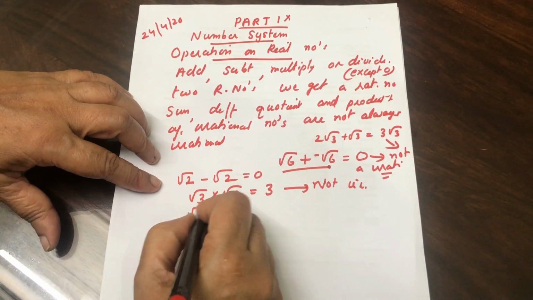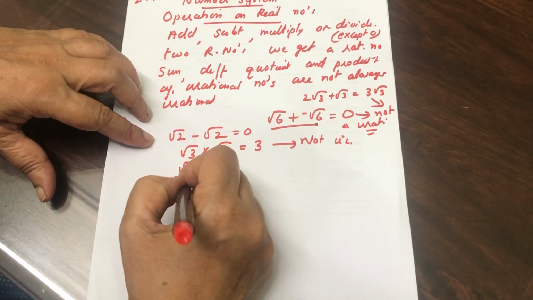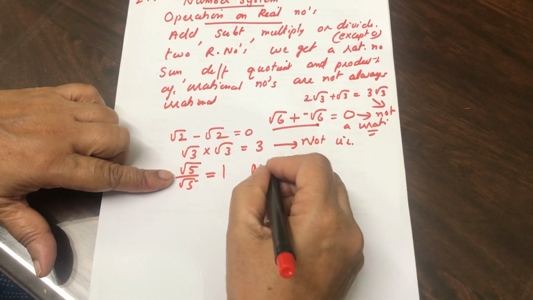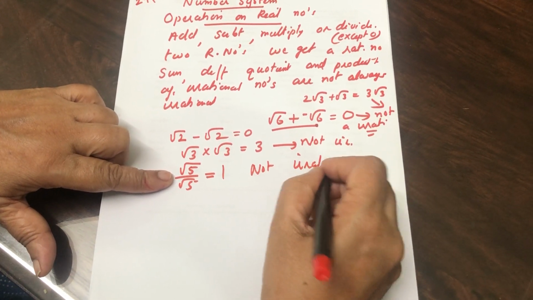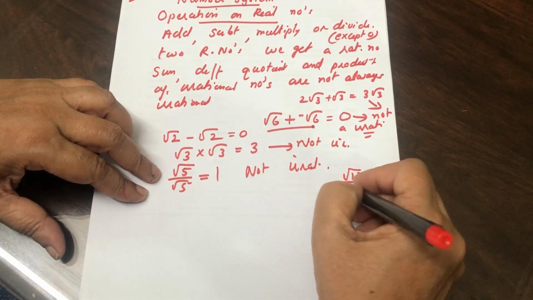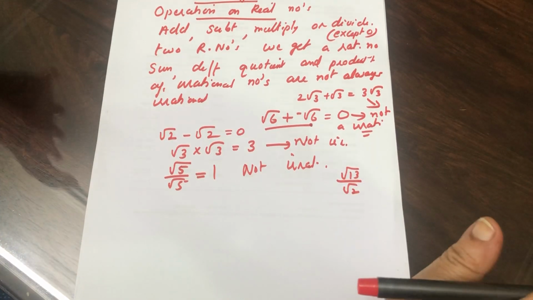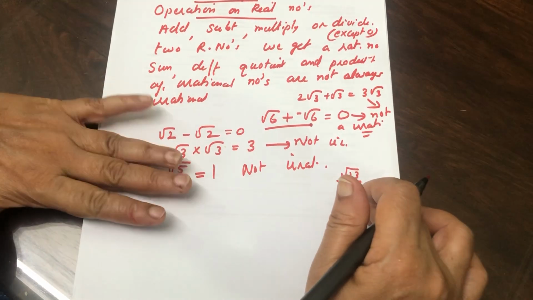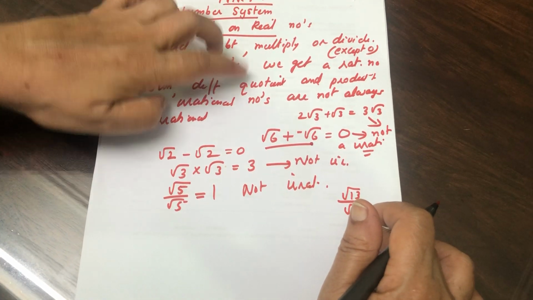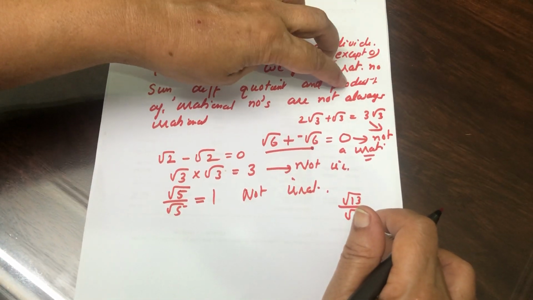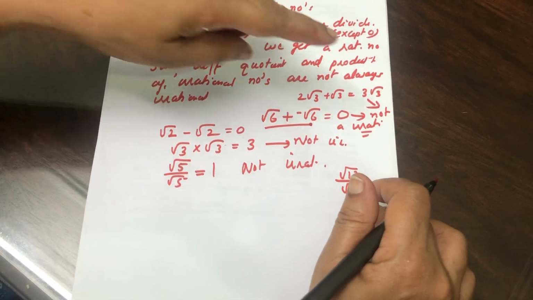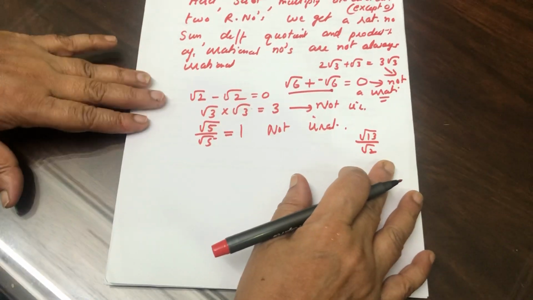You take root 5 by root 5 division, it is 1, which is also not an irrational number. Suppose you take root 13 by root 2, this is an irrational number. So therefore you cannot generalize that the difference, sum, multiplication and division of irrational numbers are always irrational.